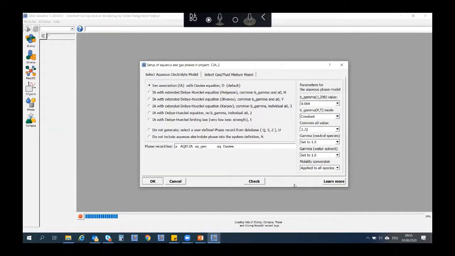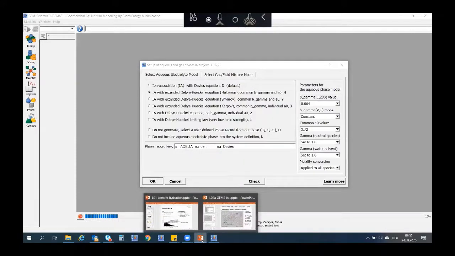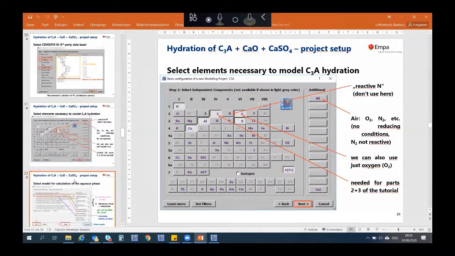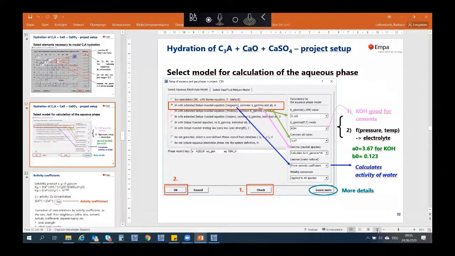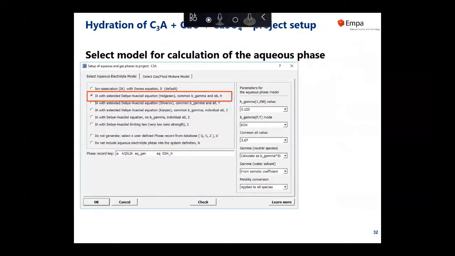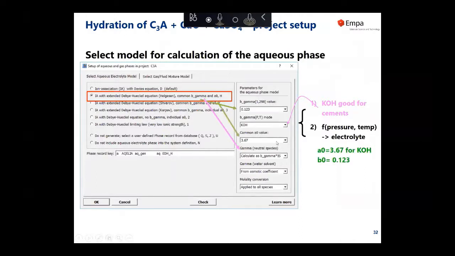There we come to a number of different activity models. I think we had a slide on it, if I'm not mistaken. I switch to the slide. We normally select, or I recommend you to select, the Helgeson model with the common b and A parameter, and then to select here the CaOH data, the CaOH version.